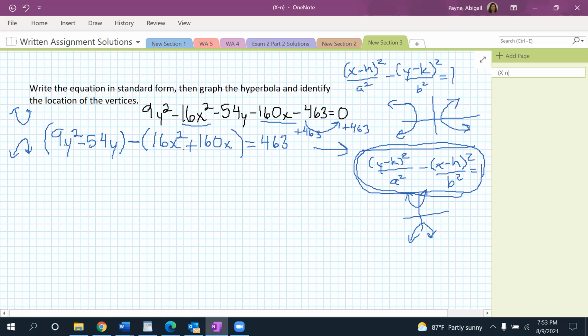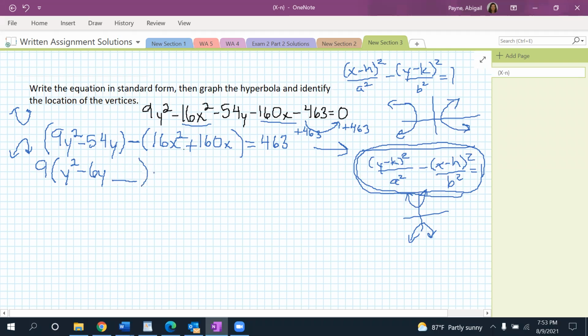What we should do now is factor out. Notice that it's just y squared for the leading term here and just x squared for the leading term here. If you have a coefficient on the squared term, like the 9 here, you need to factor that out. If I factor out 9, that leaves me with y squared minus 6y, and I'm going to leave a little blank here for completing the square.